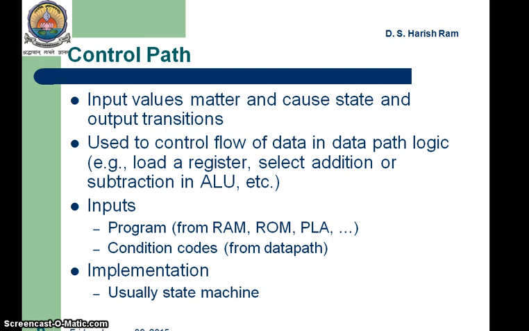The storage property of a register is not altered by the type of data that is stored in the register. Or in the case of the ALU, the operation that is performed in the ALU is not affected by the type of data that is fed into the ALU. But unlike the data path elements, in control path elements, the input values matter.